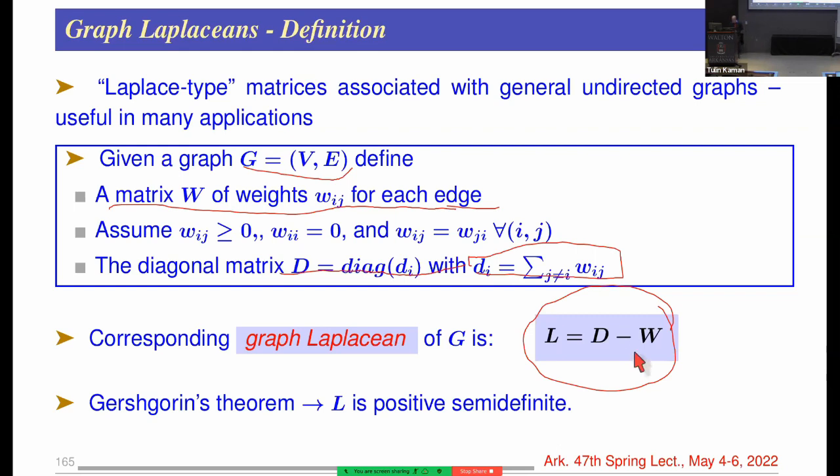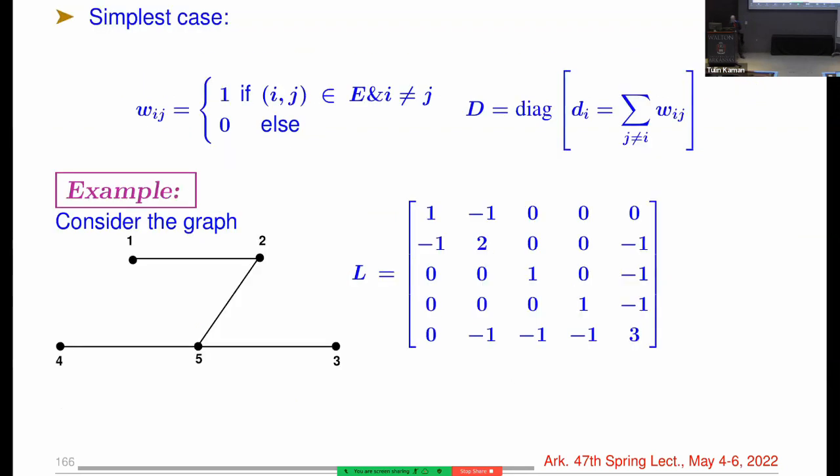So the degree matrix minus the incidence matrix will be a typical example. There's one example here. Here's an example of a little graph and this associated matrix right here. So for example, let's look at row 5. This is the last row here.